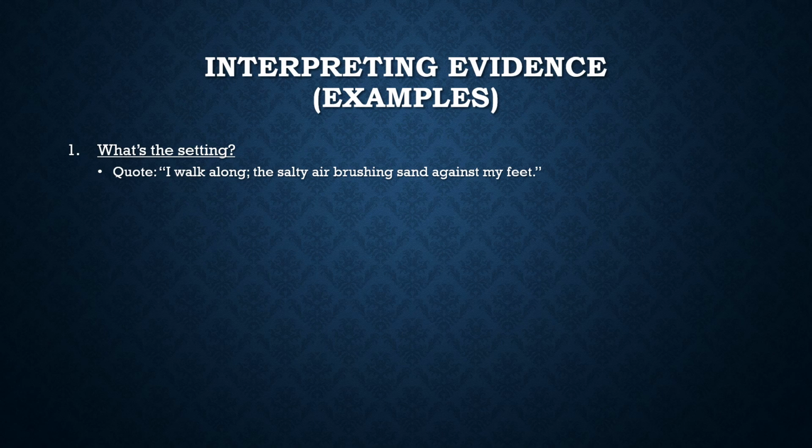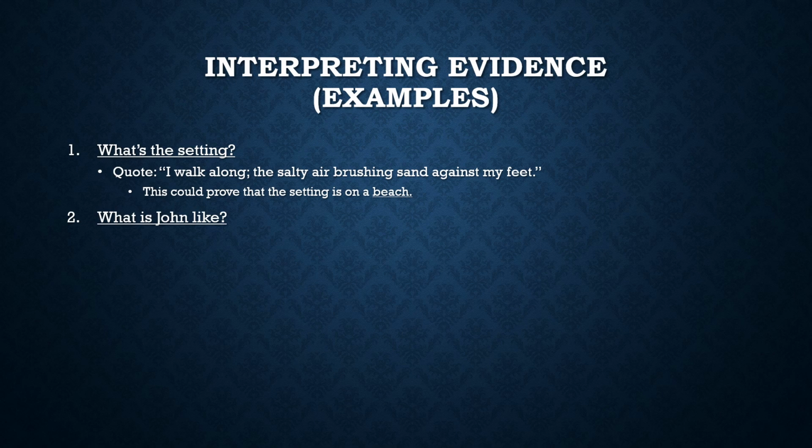But if you look at it and analyze it a little bit, you can see that it mentions salty air, it mentions sand, so we can assume that the setting is probably going to be on a beach. We are interpreting that the setting is this. Even though it doesn't ever say the word beach, we can still figure it out and interpret the text and use this as good evidence.